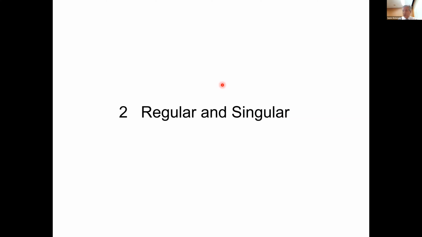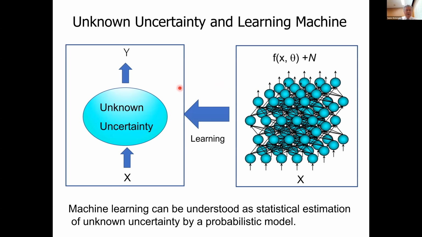Now let me go on to the second point, regular and singular. Here, machine learning can be understood as a statistical estimation of unknown uncertainty by a probabilistic model. Here, this is input X and this is output Y, but this is unknown uncertainty.